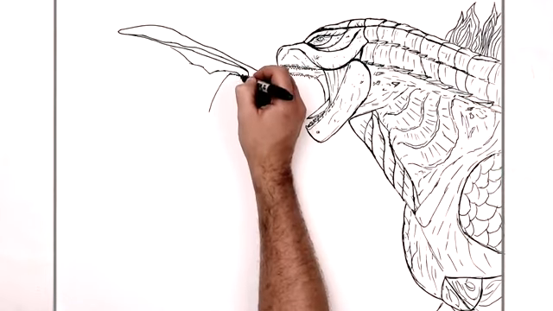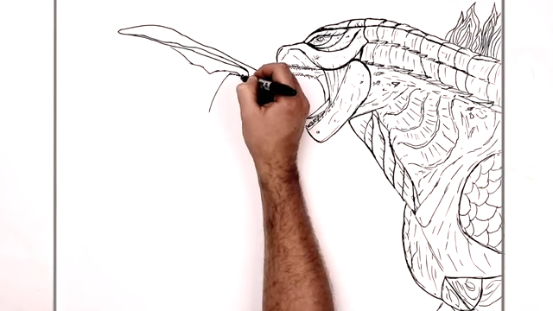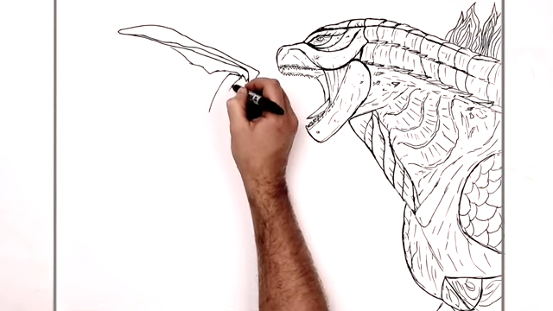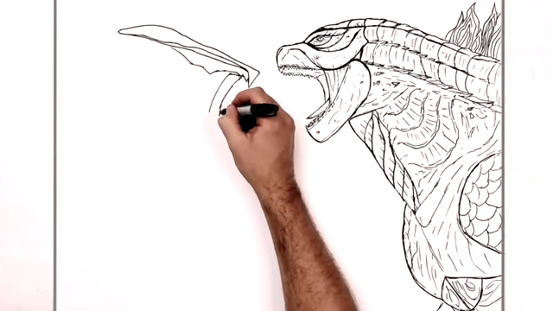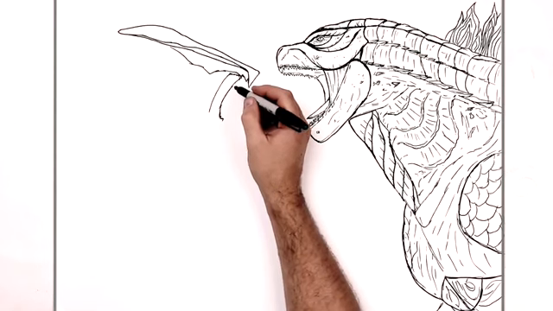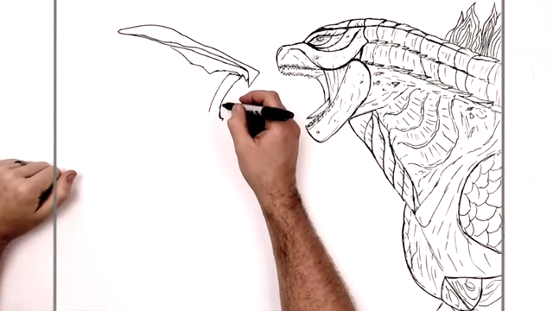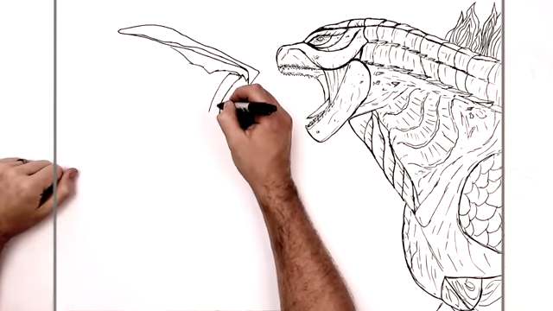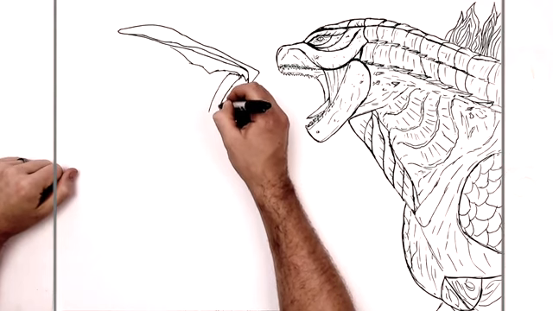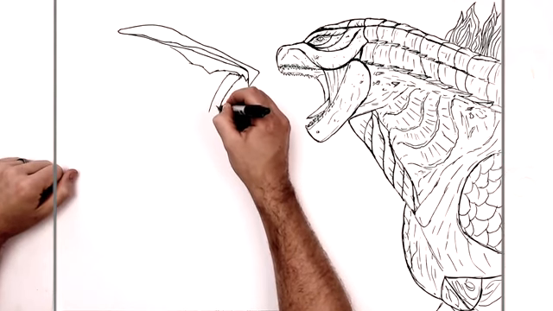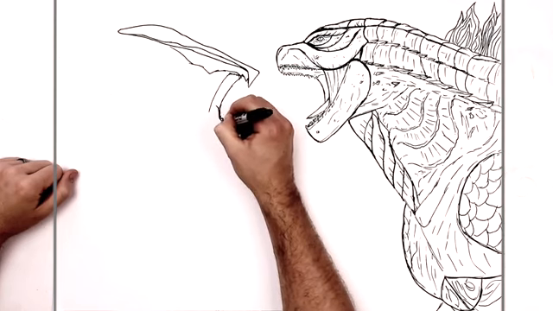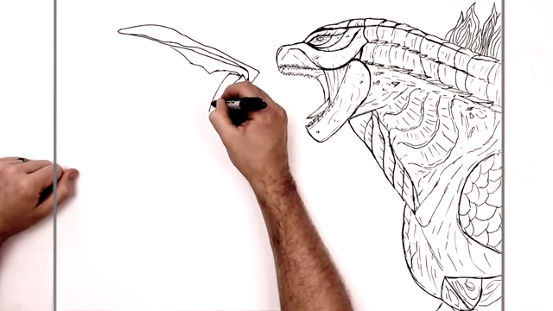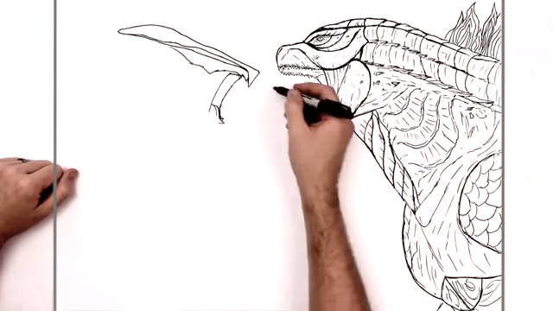And the inside of the mouth, so maybe some teeth, but the inside curves down. And then more teeth along the side. And then a bit of a tongue, I think, sticking out, just there, right?